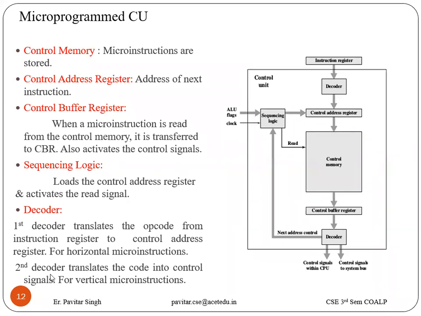The second decoder translates the code into the control signals. So this is the second decoder which will be converting the code into the control signals. And this is used for vertical micro instruction. Remember these two differences. The first decoder is used for horizontal micro instructions and the lower decoder is used for vertical micro instruction, right?